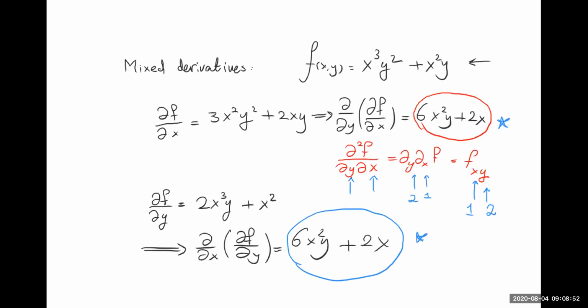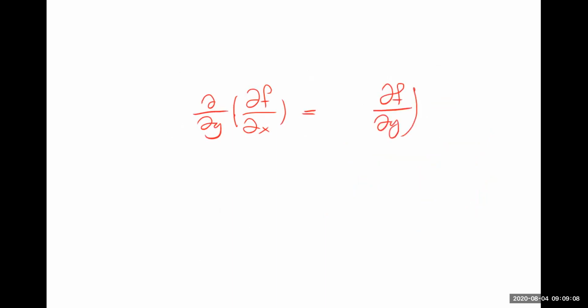So it seems, at least in this case, if I take the derivative of f with respect to x and then take the derivative of that with respect to y, it is equal to taking the derivative of f with respect to y and then taking the derivative with respect to x.